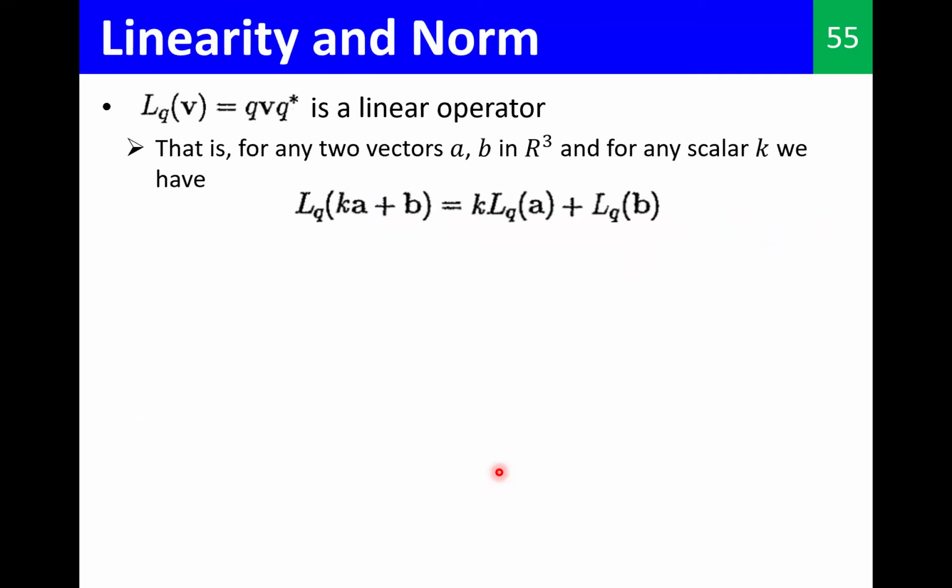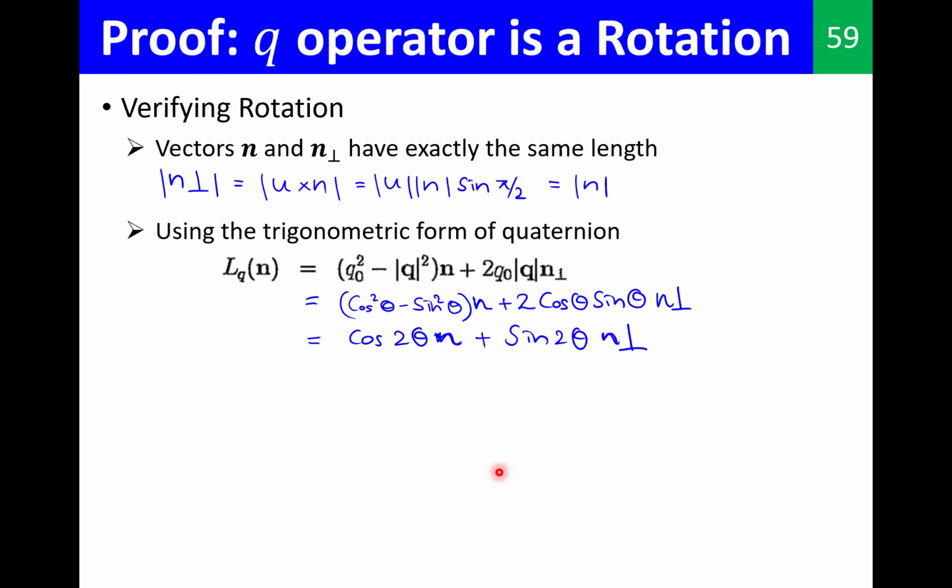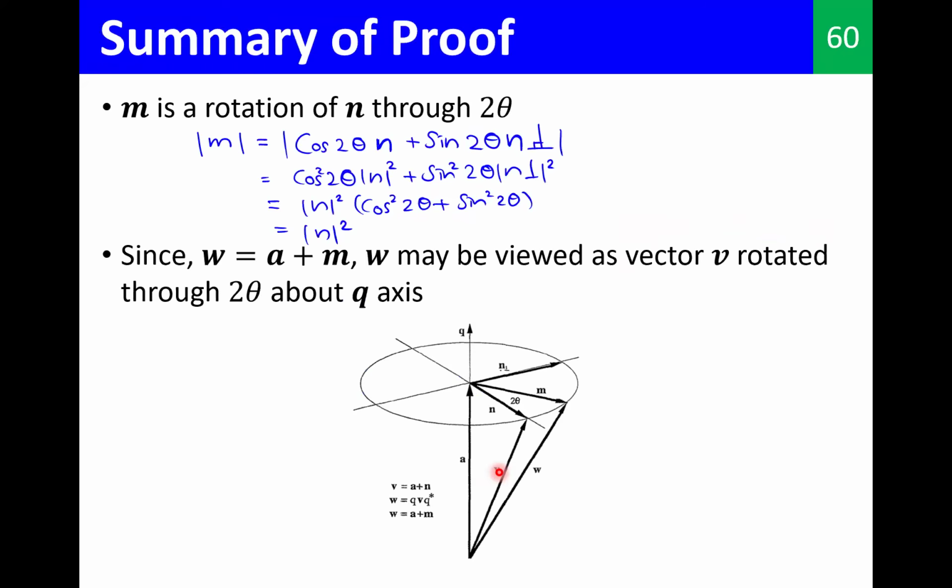But I will show you the diagram. Here, you can see you have a vector v, and you have the quaternion q, and this is the direction of the quaternion, and this particular part is v projected onto that axis.